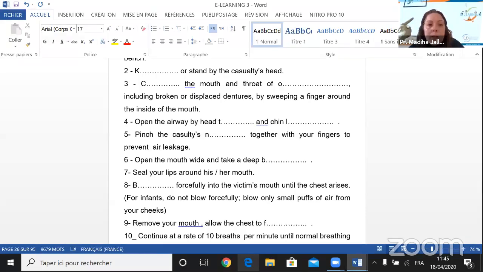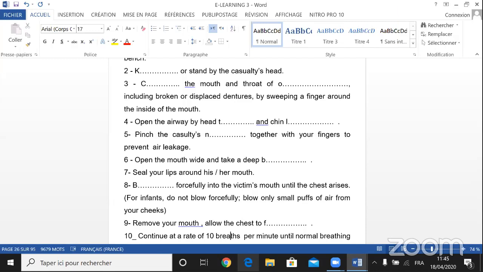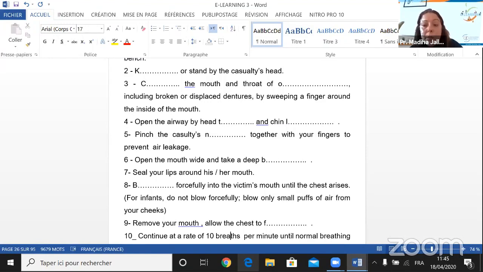For which purpose? To clear the mouth and throat. Clear means actually remove what is in the stomach, and here we remove, we dislodge what is in the mouth.